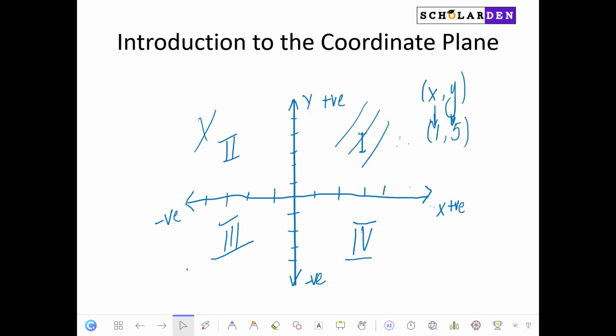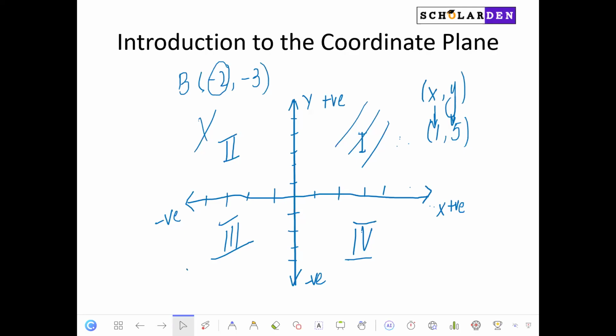Similarly, for example, let's call another point B, and let's call it -2 and -3. Where would point B lie, just in terms of quadrants? The value of the x coordinate over here is -2, so it has to lie along the left side, the negative x-axis.